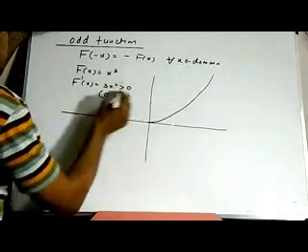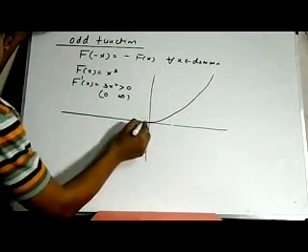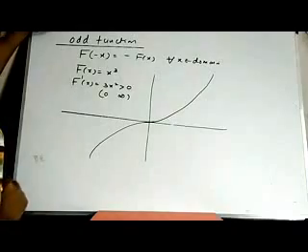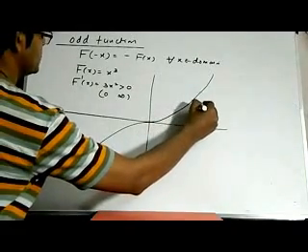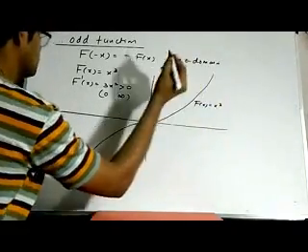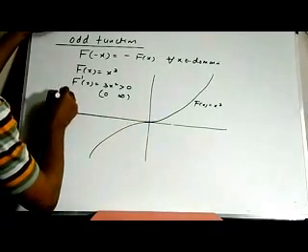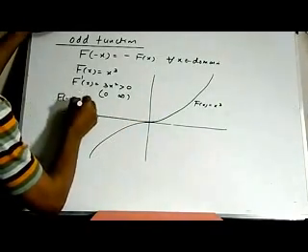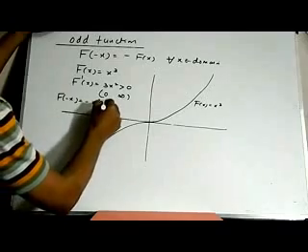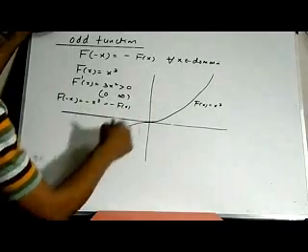But it is an odd function, so the graph is like that. So this is f(x) equal to x cube. It has symmetry about origin, therefore it is an odd function. And f of minus x is equal to minus x cube, that is minus f(x), so it is an odd function.